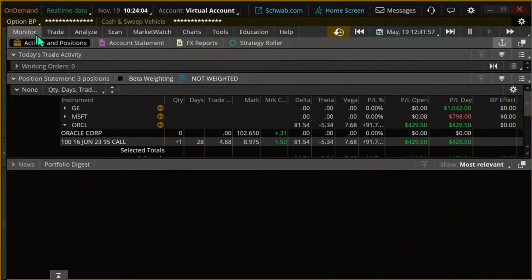But what I can do is look and see on that particular date, this is what my profit or loss would be. Okay. So that makes sense going to May 19th because it's not after the expiration date of the contract. So there you go.